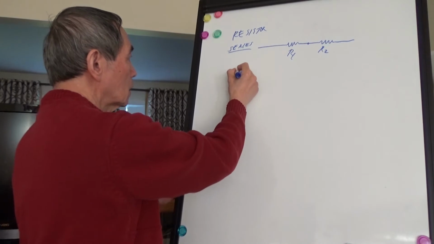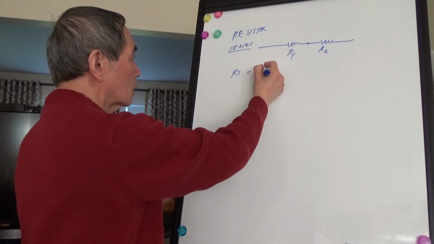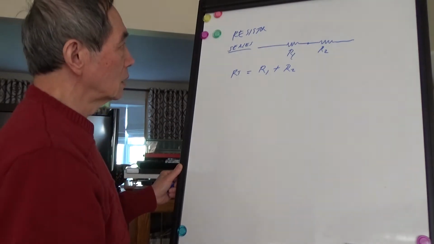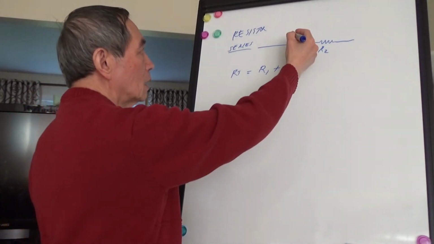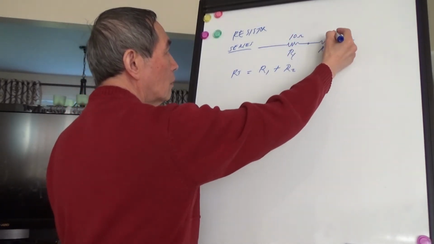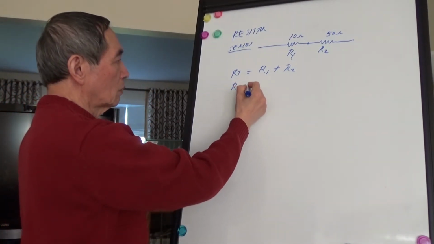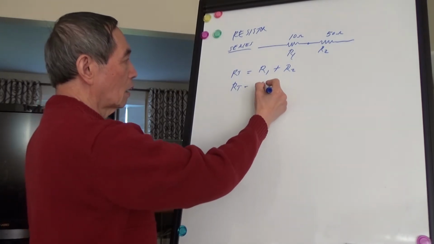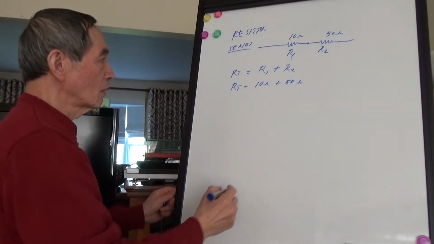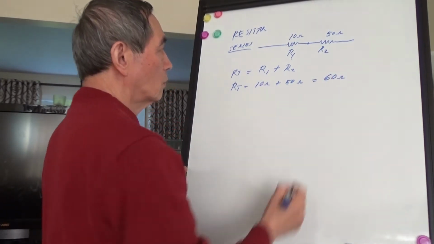Now, the total resistance of that is equal to R1 plus R2. Okay, let's get some example. You have a 10 ohm resistor and a 50 ohm resistor. So the total resistance would be 10 ohm plus 50 ohm, or equivalent to 60 ohm.